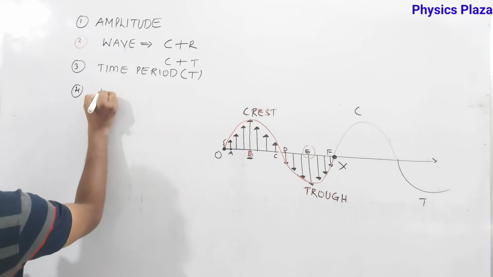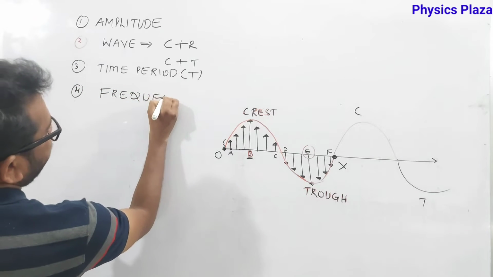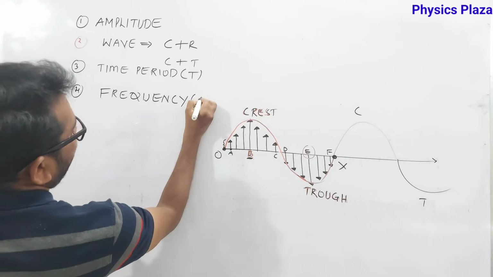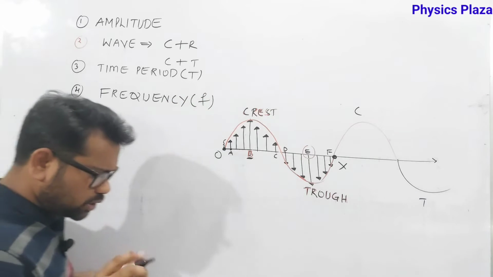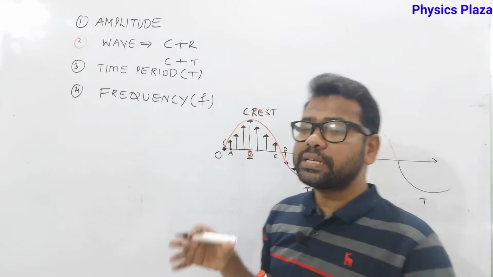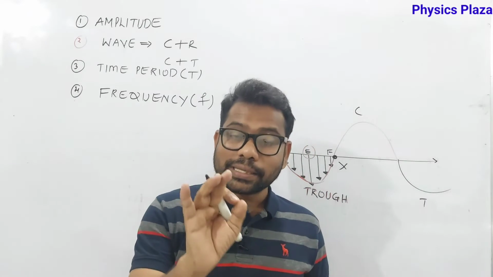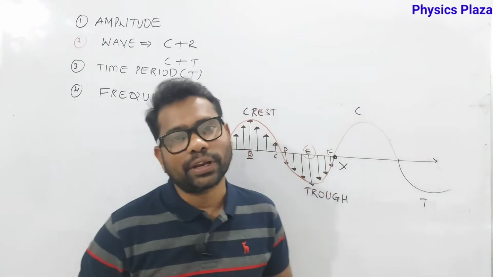Next, frequency. Next it is frequency. Frequency will be represented with the small n. Some textbooks use small n also to represent the frequency. So children, frequency is a matter of the number of waves produced in a second, in 1 second. It's very, very important.